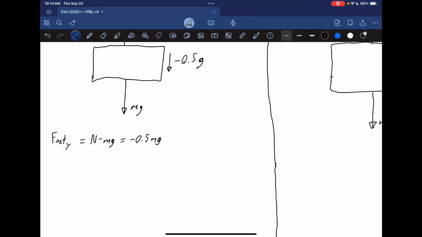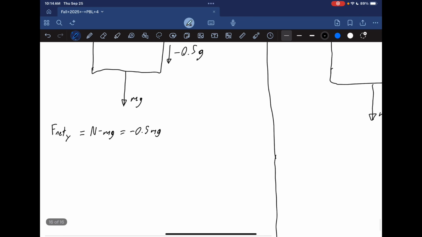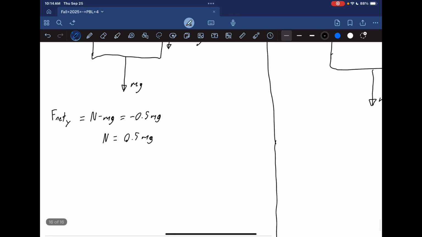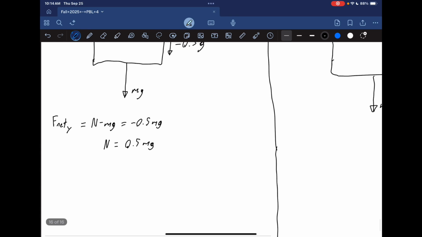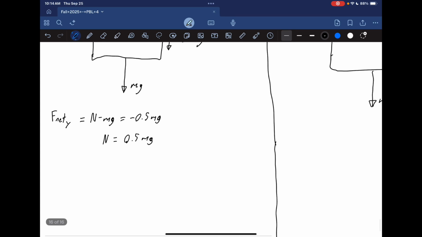So if you add mg to both sides, you'll notice this is 1 mg and this is negative 0.5 mg. So adding it, you get that N is equal to 0.5 mg, because negative 1/2 plus 1 is positive 1/2. We know mass, we know gravity. If you plug both of those in, a reminder that mass is 55 kilograms, gravity is our constant. You get that N is equal to 269.5 newtons.